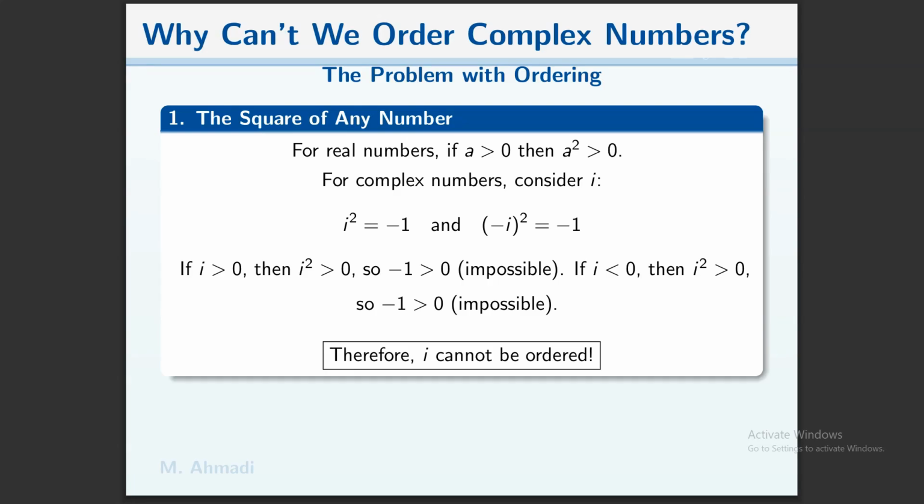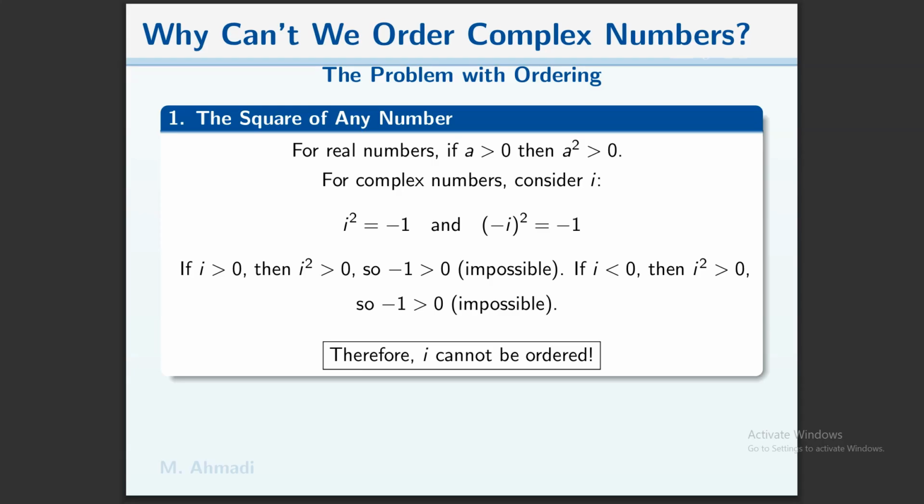The problem lies with the square of any number, because for a real number, if a is greater than 0, then a squared is also greater than 0. For complex numbers, consider i squared equals minus 1 and (minus i) squared equals minus 1.